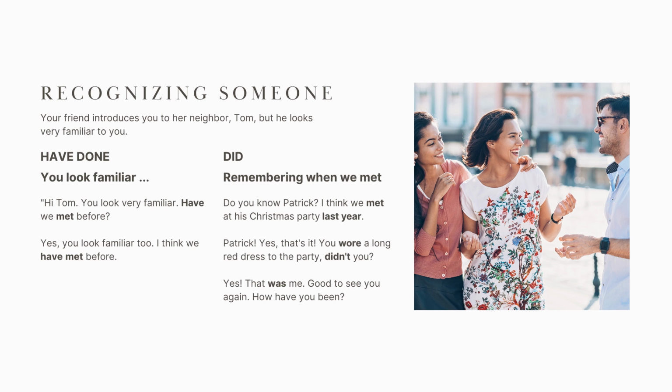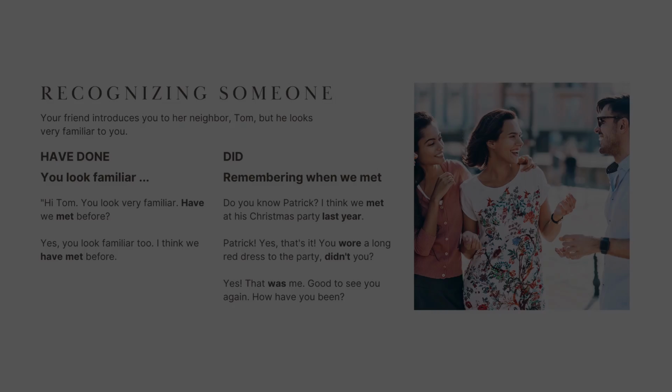Now I use the past simple, we met, because I am giving you a time, last year at Patrick's Christmas party last year, right? The rest of the conversation is going to be that past, right? So the rest of the conversation goes, oh, Patrick, yes, I remember now. You wore that long red dress to the party, didn't you? Yes, that was me. How have you been?